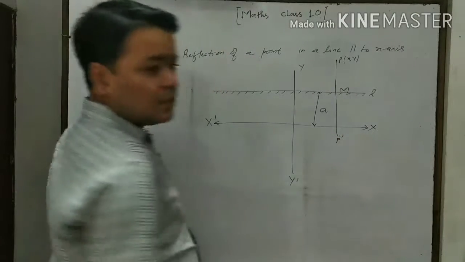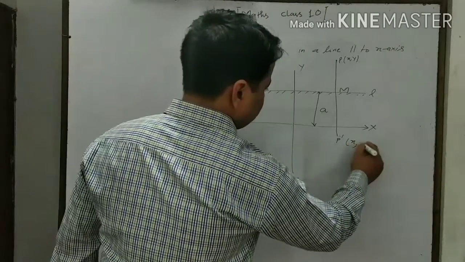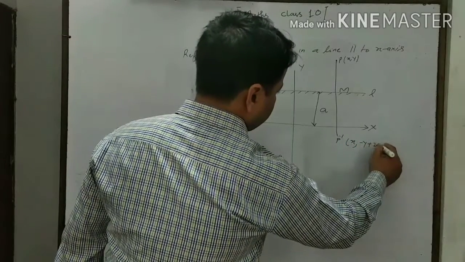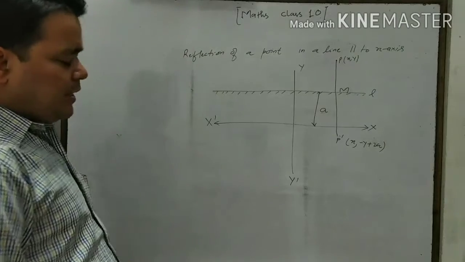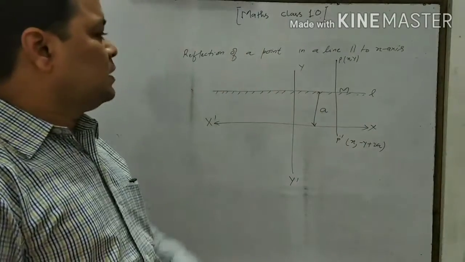Then what is the coordinate of this? Its coordinate will be (x, -y + 2a).